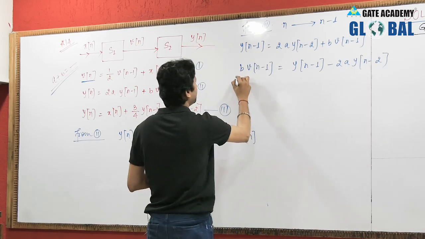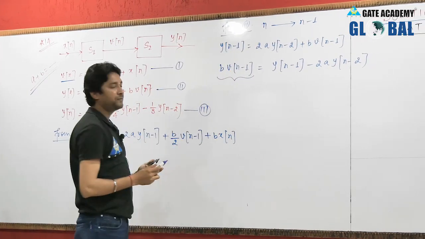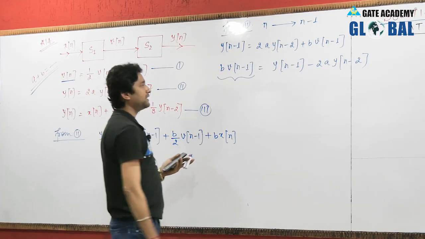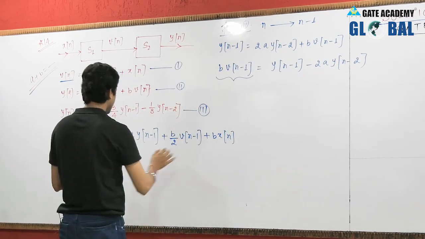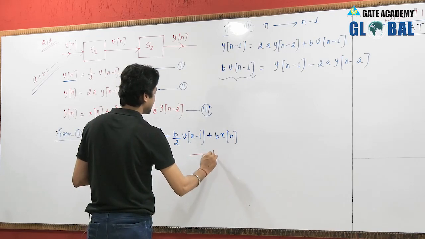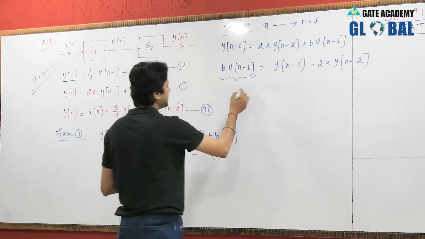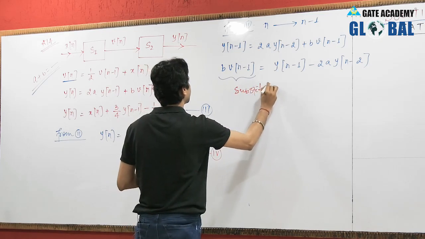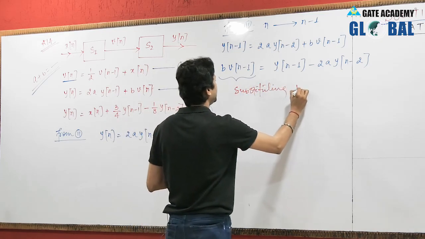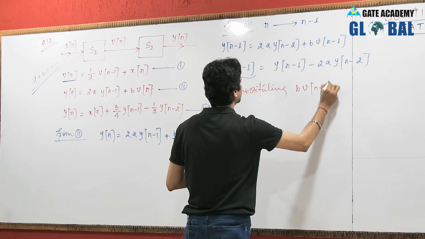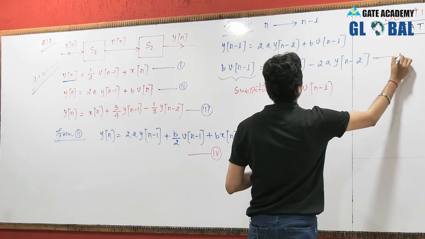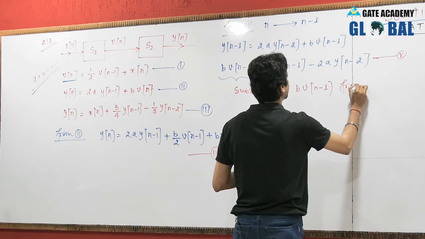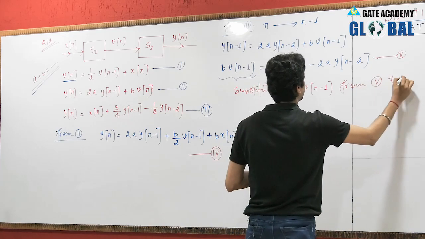Now if we have to substitute the value of v of n minus 1, we can use this term. Coming to equation 4, and let this be equation 5, we substitute the value of b v of n minus 1 from 5 into 4.